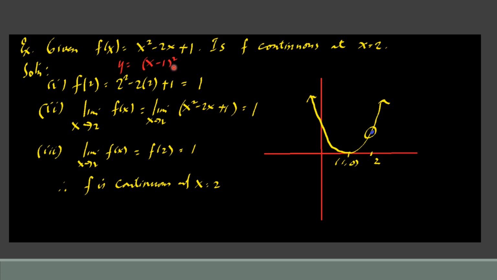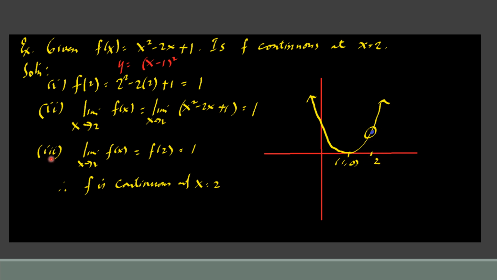And it is clear that the graph of the function is a parabola with vertex at (1, 0) and opening upward. Now we want to find the continuity of the function at x equal to 2.